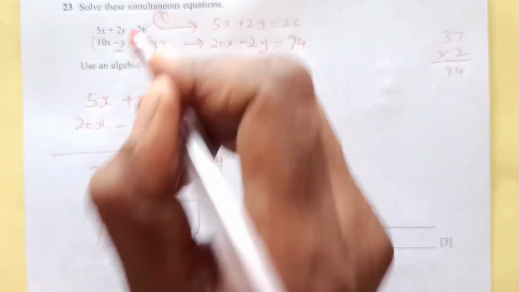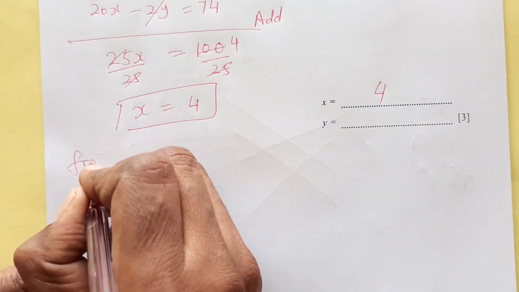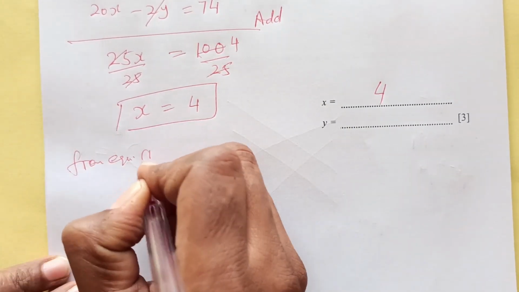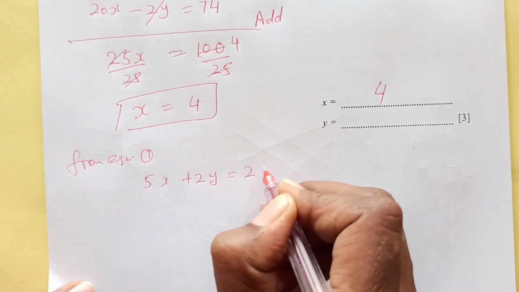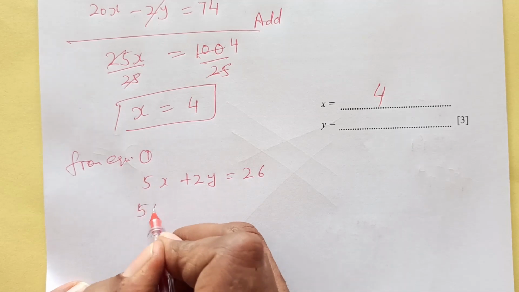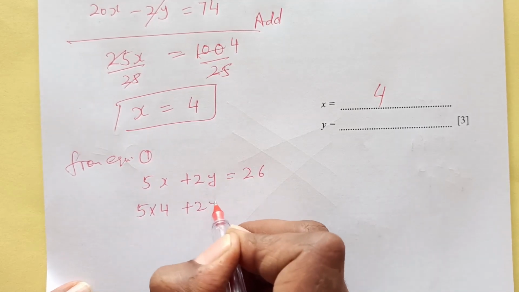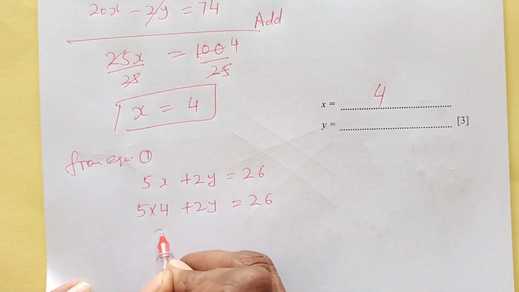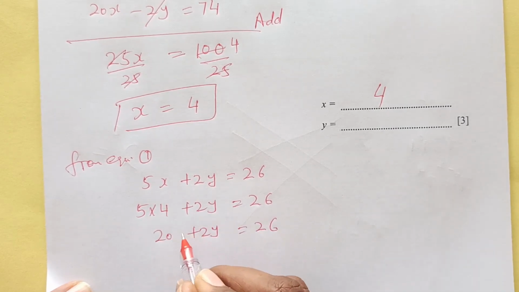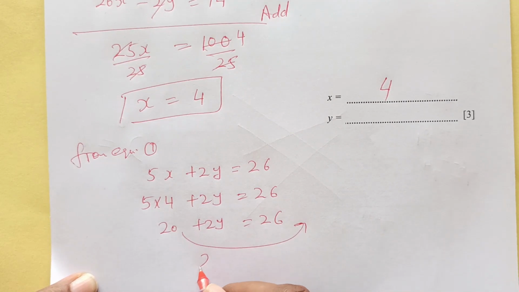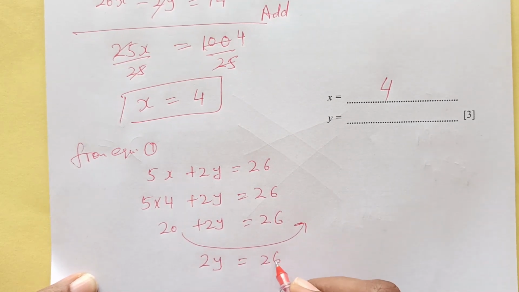Let me choose the first equation. From equation 1 we have 5x plus 2y equals 26, right? The value of x is 4, so this is 20 plus 2y equals 26. Now shift this 20 to the other side: 2y equals 26 minus 20, which is 6.